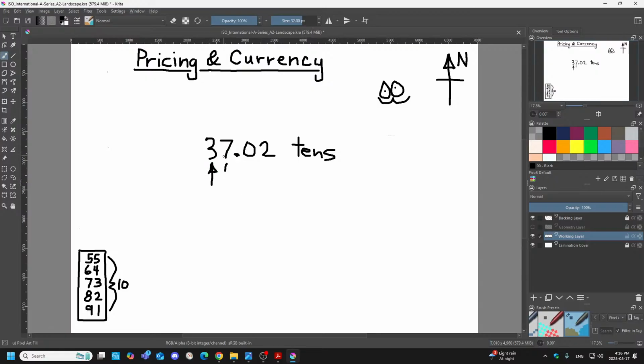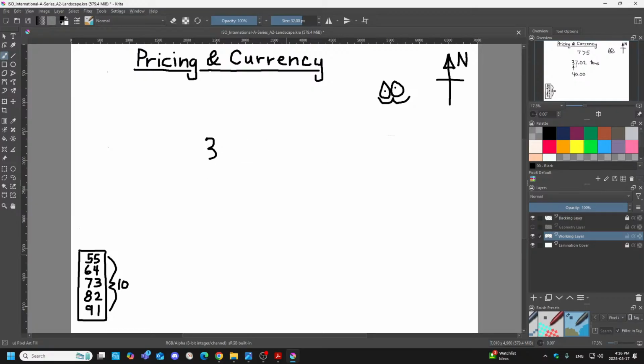Because 7 is greater than 5, we round up. So essentially it's going to end up being 40. If we continue the accuracy, 40.00.